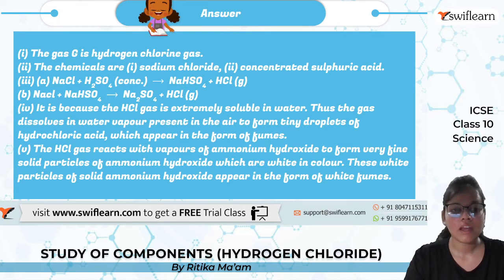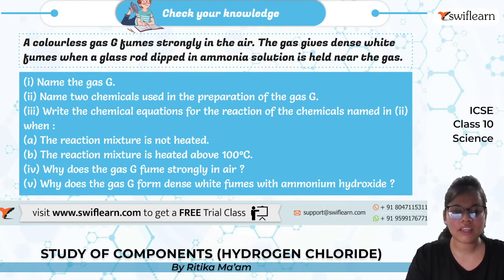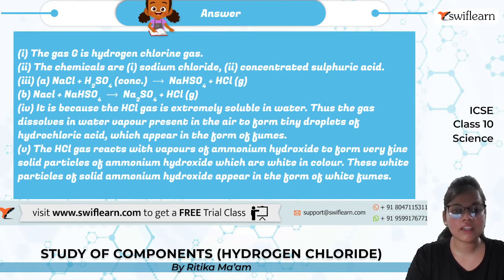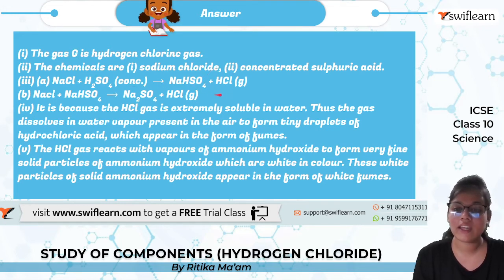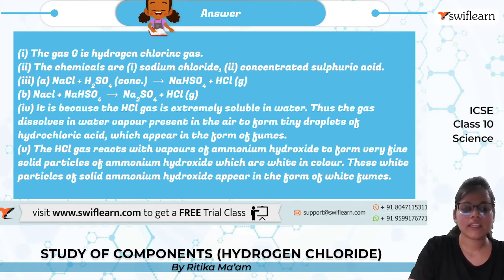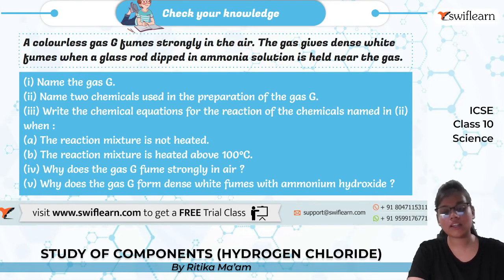Question number 3 says, write the chemical equation for the reaction of the chemicals named in the second question when, first of all, the reaction mixture is not heated. When it is not heated, NaCl plus H2SO4 gives us NaHSO4 plus hydrogen chloride in gas form. The next question says the reaction mixture is heated to about 100 degrees Celsius.